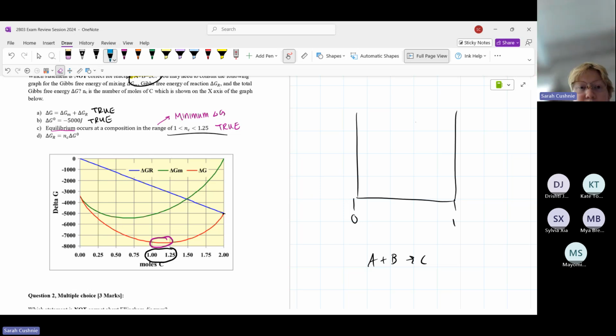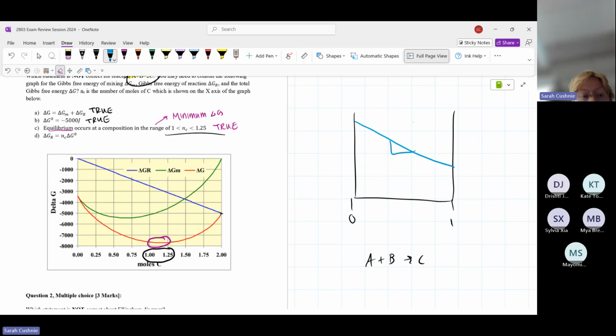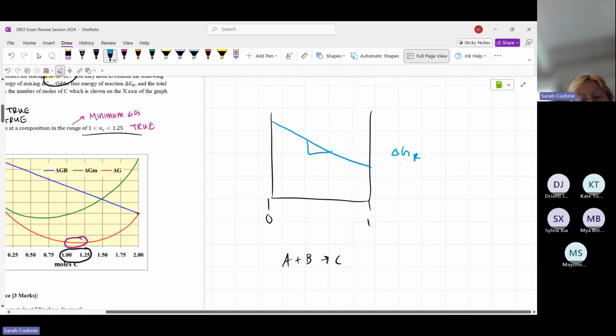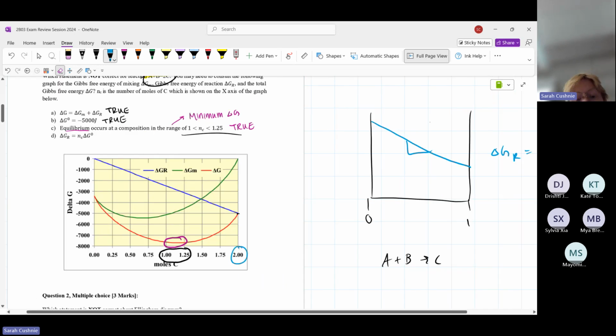And it's a linear line, right? So you can say that we're equal to some slope, and you can work it out to say that delta G reaction is equal to NC times delta G naught. But in this case, remember, we're making 2 moles of C, not just 1 mole.